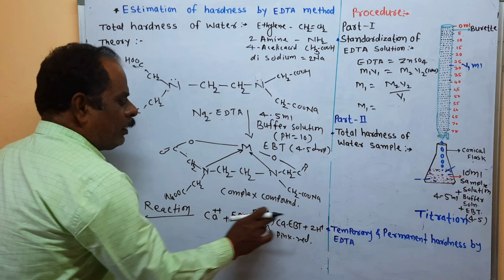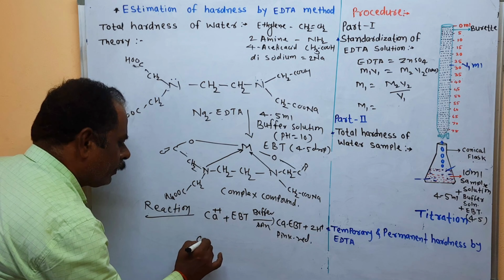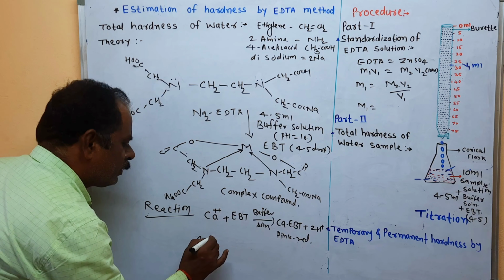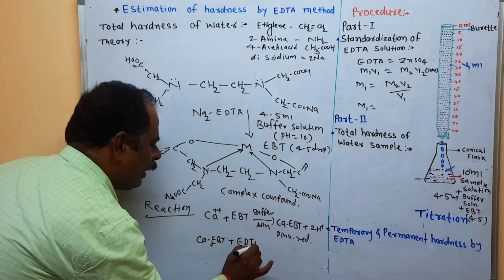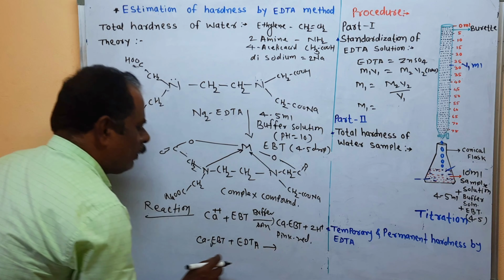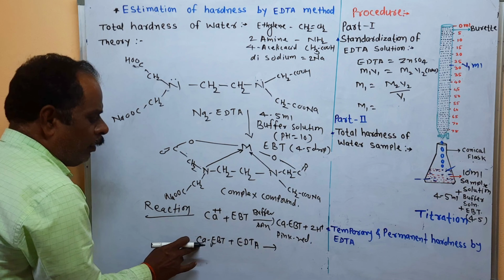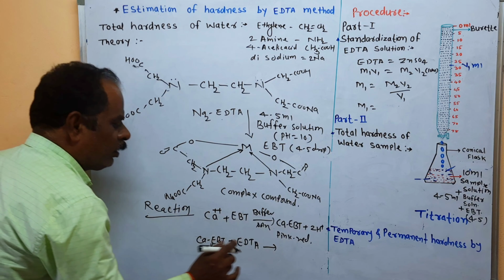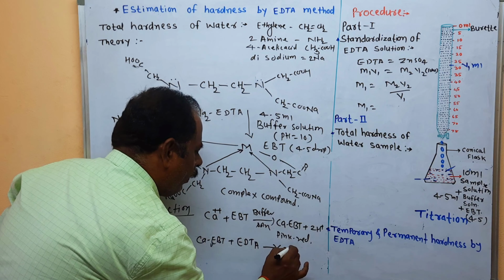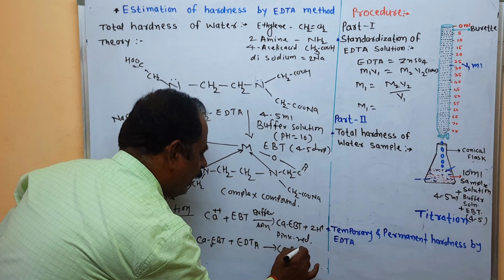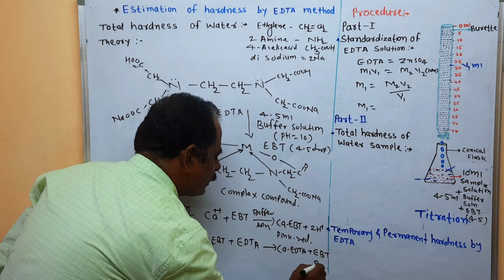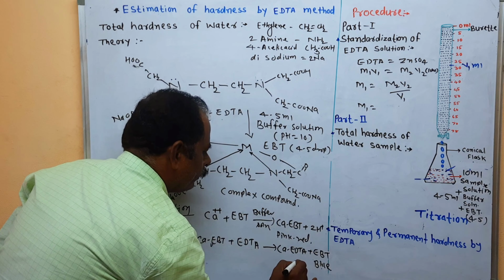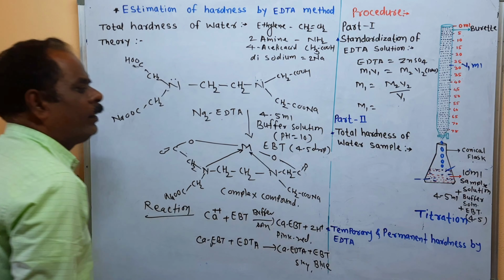This pink red color solution is titrated against EDTA solution. You know that EDTA is a highly sensitive chemical compound. It reacts with the hardness metals present in the water and forms a complex salt of EDTA, and the color of the solution changes to sky blue. This is the end point.